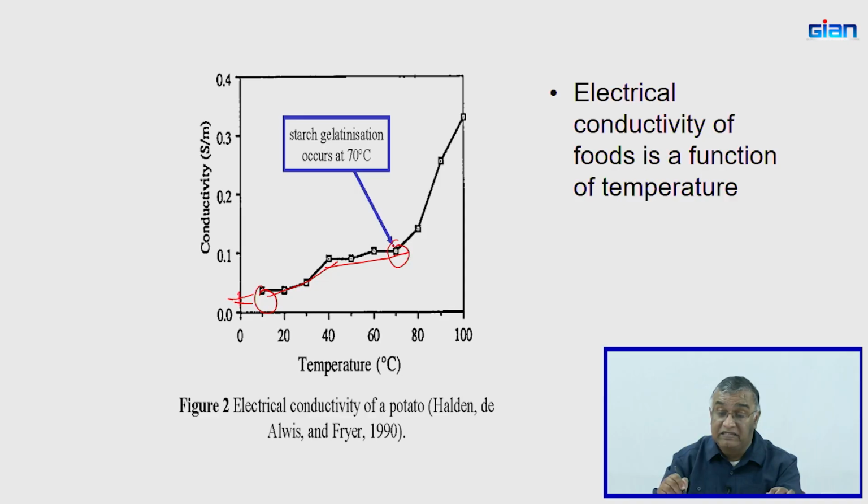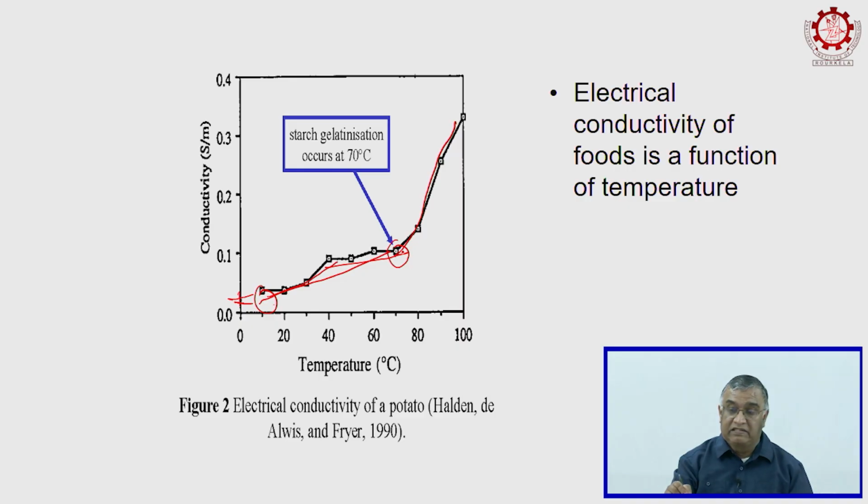At around 70 Celsius you gelatinize the starch in the potato, and it breaks down, so the electrical conductivity significantly increases, from 0.1 to 0.3 or 0.4. That means the heating rate may be slow at first, but once the electrical conductivity starts increasing significantly, the heating rate also increases much faster.